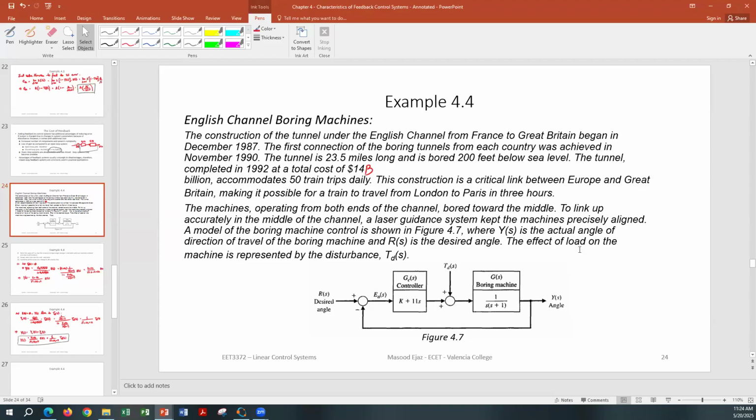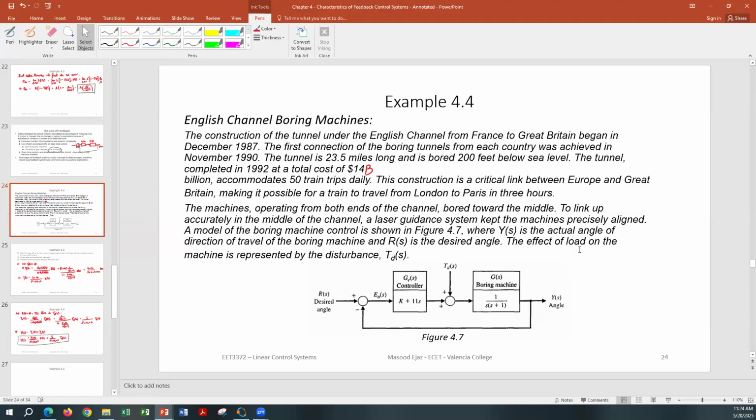The boring machine, when it is traveling and they want to link it up in the middle of the ocean or between both countries, has to be precisely aligned when creating that tunnel. So they use the laser guidance system, and the boring machine is removing material, making a tunnel. That laser guidance system keeps it aligned so they don't go right or left from one side and the other side.